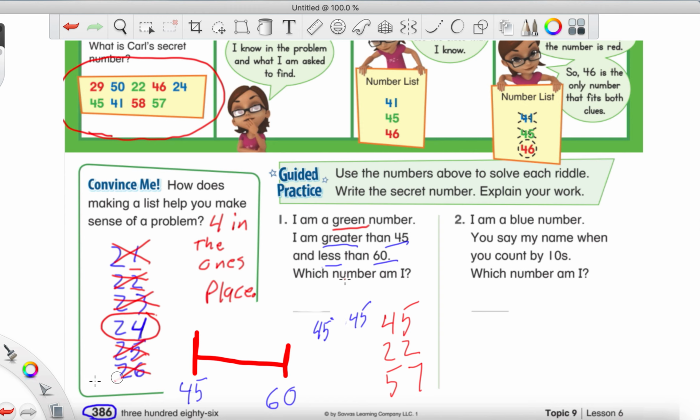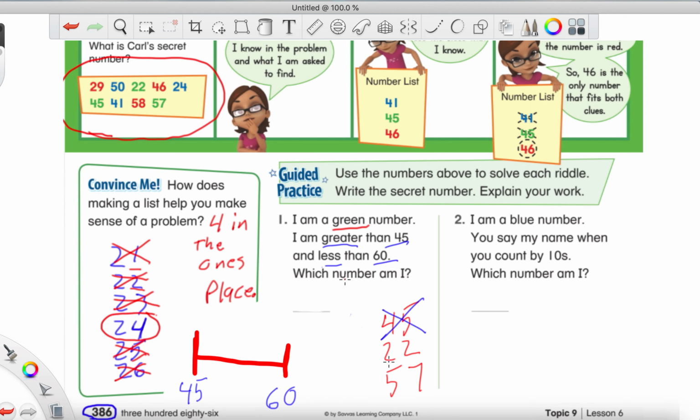We would have to use that new symbol we learned, which is equal to. So 45 is equal to 45 because they're the same number. Okay? So don't let that fool you. Don't let that trick you at all. So 45 is not greater than 45, so that's why we cross it out.